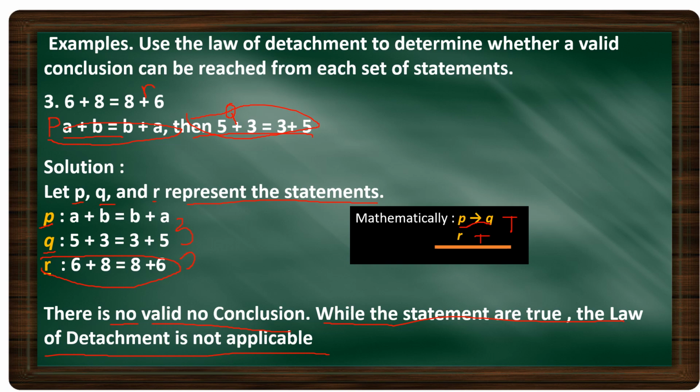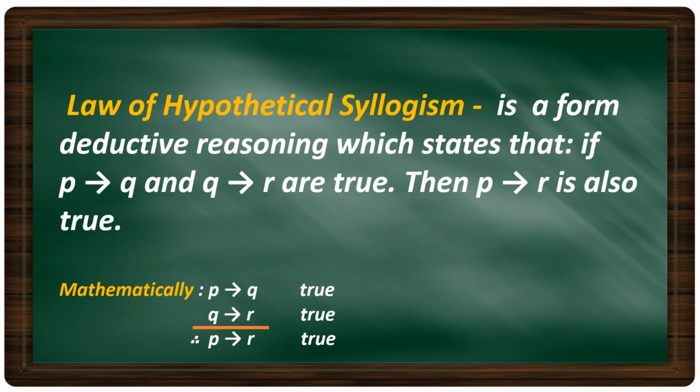So that's it. Before we proceed to the next example, earlier we used the law of detachment. In our next example, we will use what is called the law of syllogism. What is the law of syllogism? What is its meaning? The law of syllogism is a form of deductive reasoning which states that if P, then Q, and Q, then R are true.